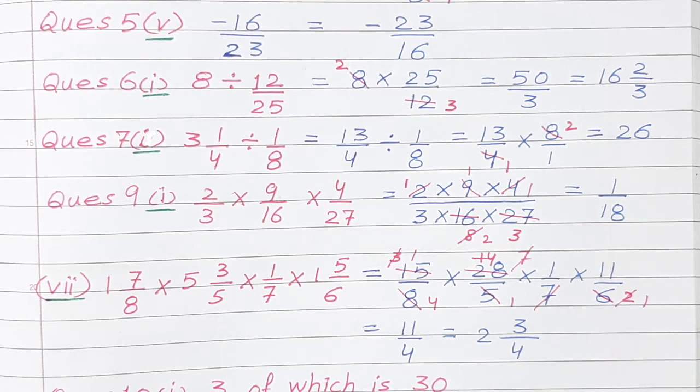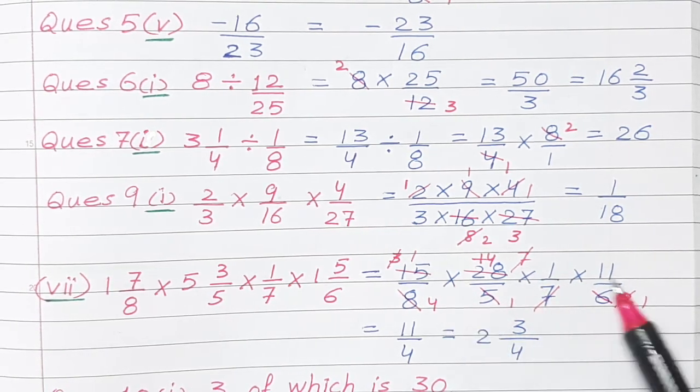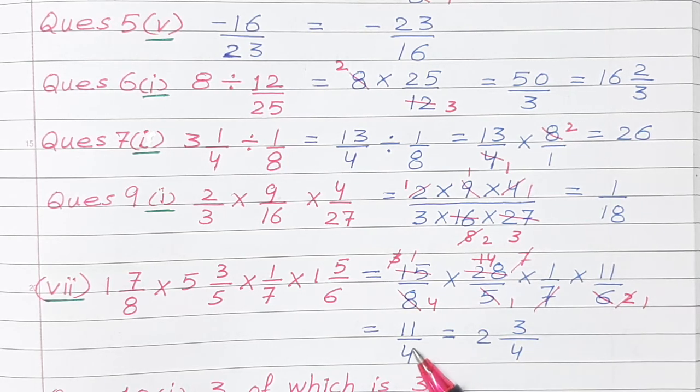Right? So we can simplify. Right? After simplification, the answer is 11 upon 4. And after converting into mixed fraction, it is 2 3 by 4.